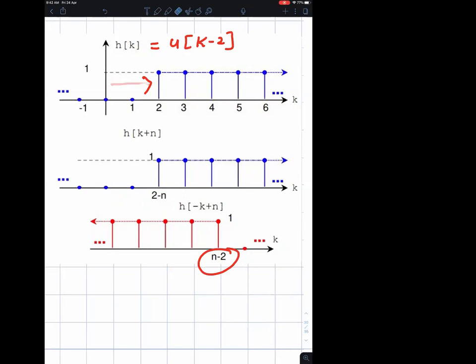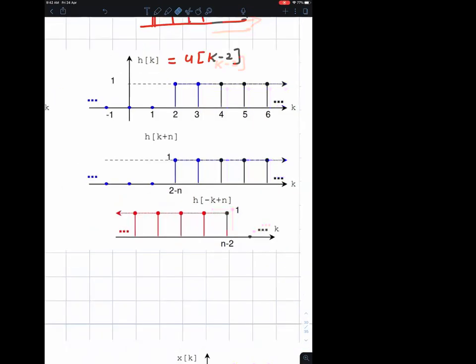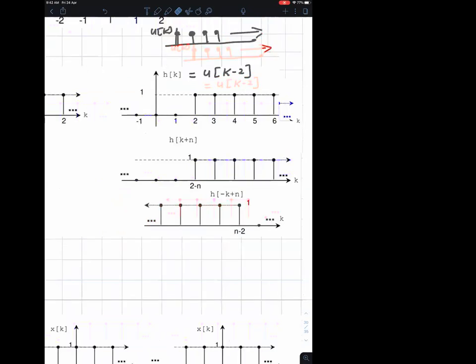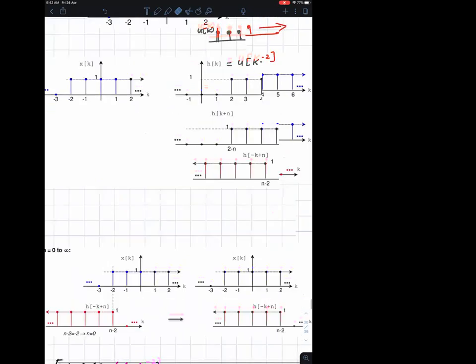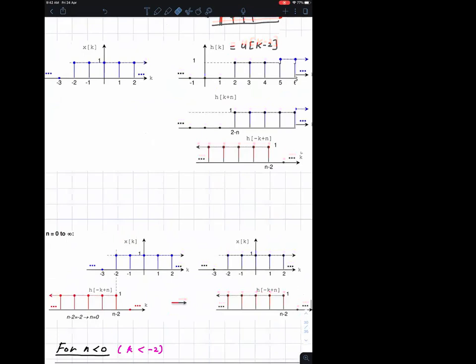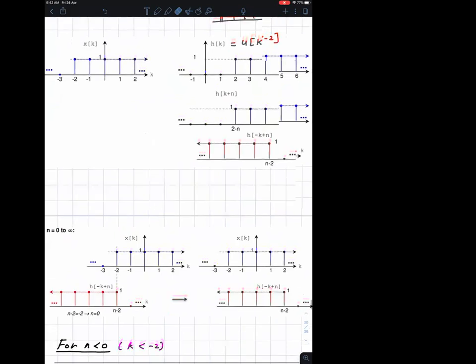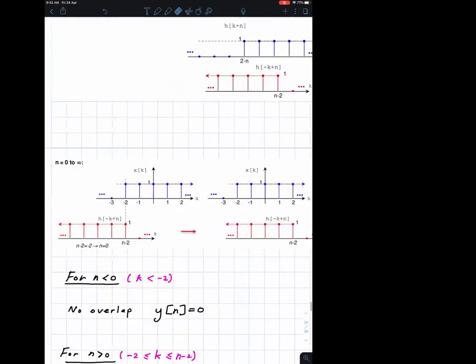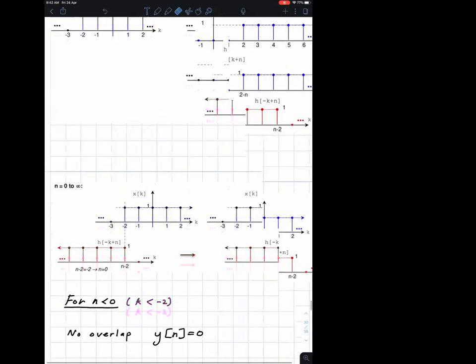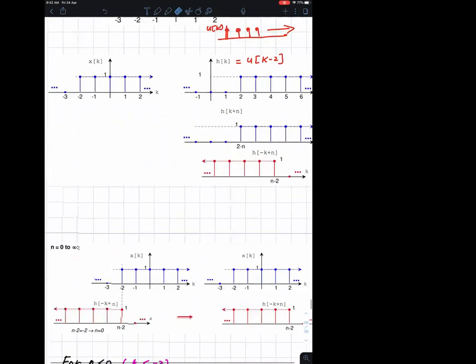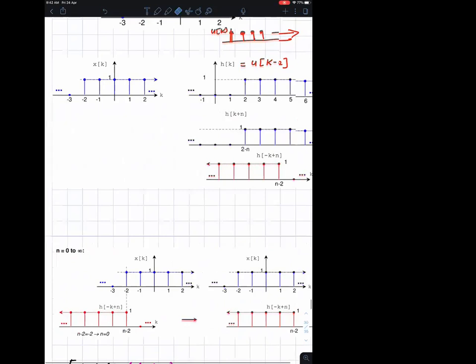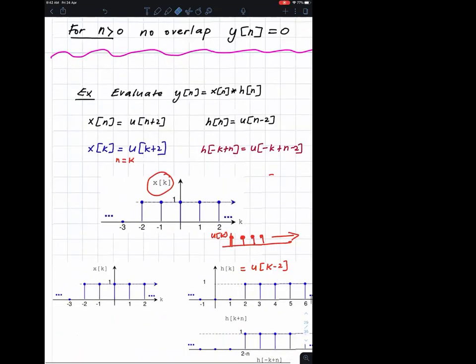First and foremost, you have to sketch them accurately. Once you have sketched them accurately, then you can take one of them and slide through. So now if you look here, xk is a signal that's going to infinity.